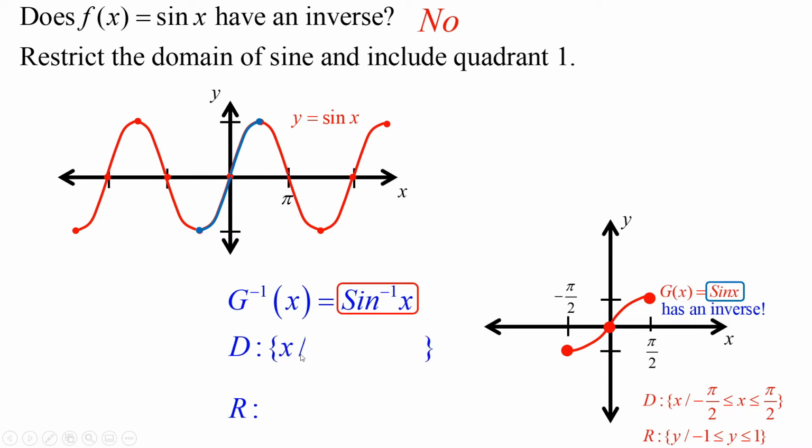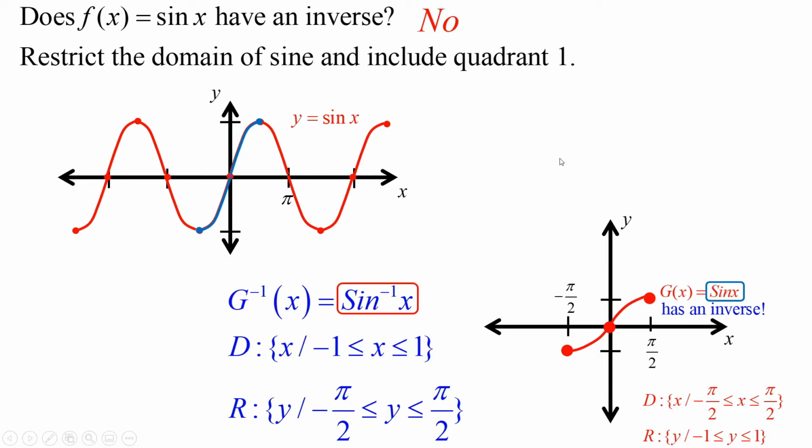So it's x such that negative 1 is less than or equal to x, and x is less than or equal to 1. Again, the range of sine of x is the domain of inverse sine of x. And the restricted domain of sine of x becomes the range of inverse sine of x. So my y's would be negative pi over 2 is less than or equal to y, and y is less than or equal to pi over 2. And there you have it.